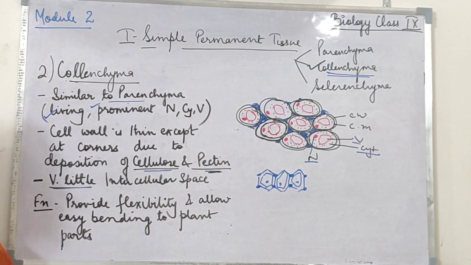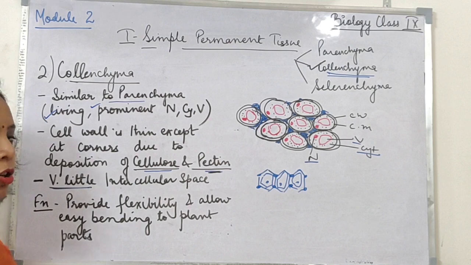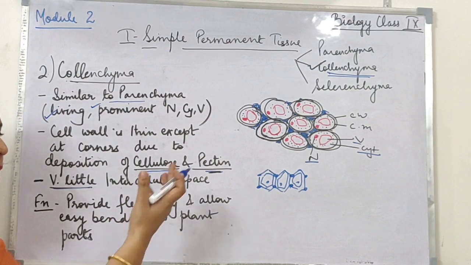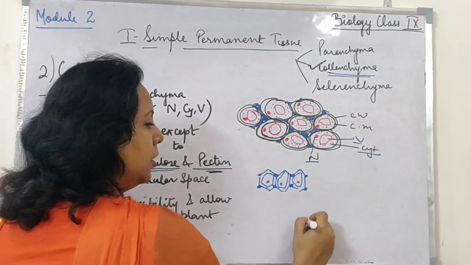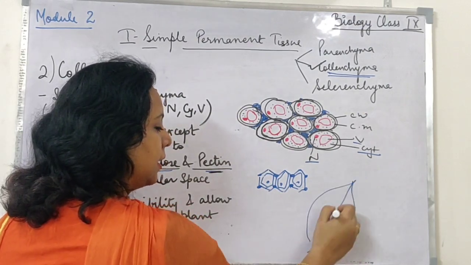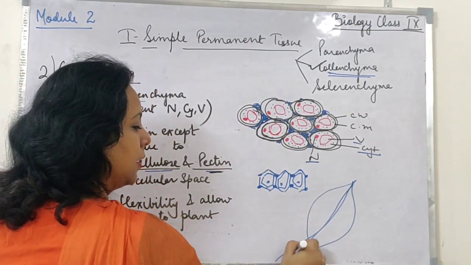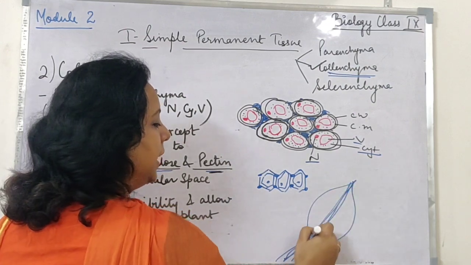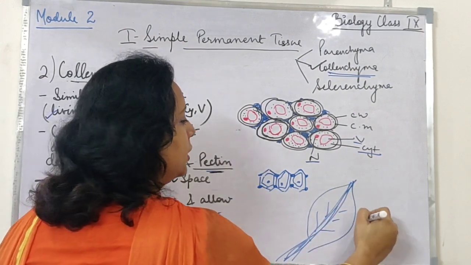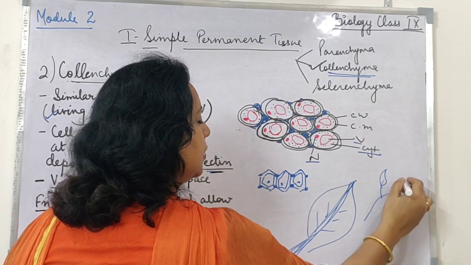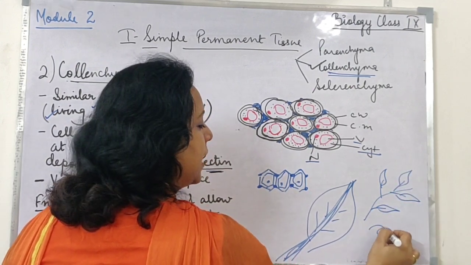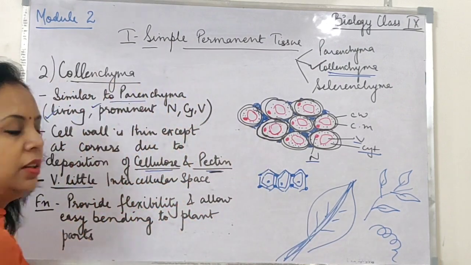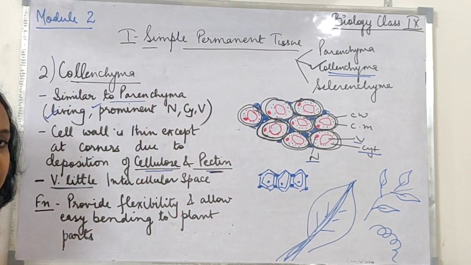So what is the function of collenchyma? Now I said it is very similar to parenchyma. Now if you see, this is the leaf, or these are the branches. Or many times you must have seen the structure called tendril, isn't it?